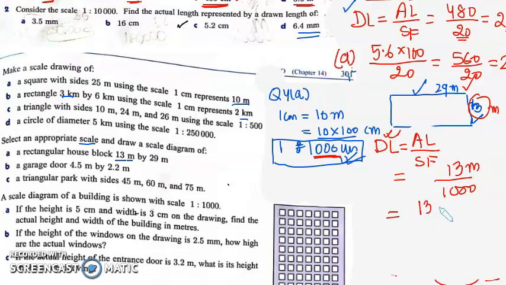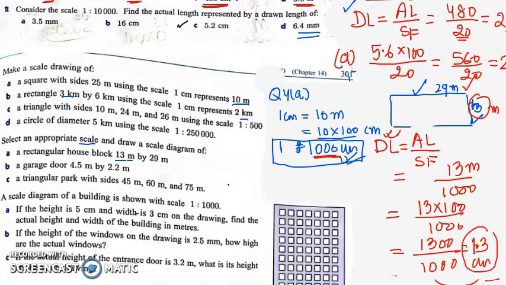So 13 meter into 100 by 1000, and this is 1300 by 1000, which is 1.3 centimeter. That means the drawn length for the width will be 1.3 centimeter, and here it will be 2.9 centimeter. 1.3 centimeter represents 13 meter, and 2.9 centimeter will represent 29 meter.